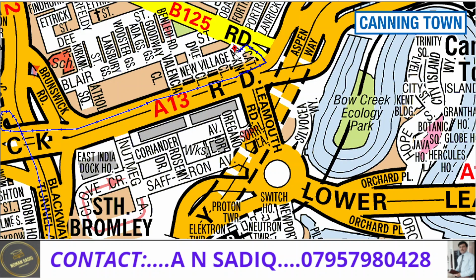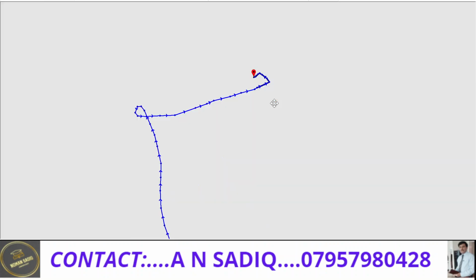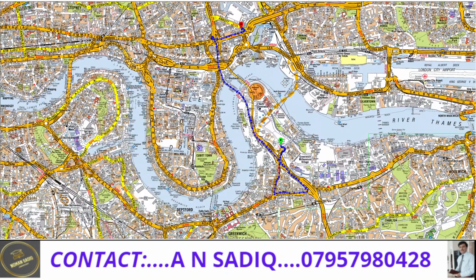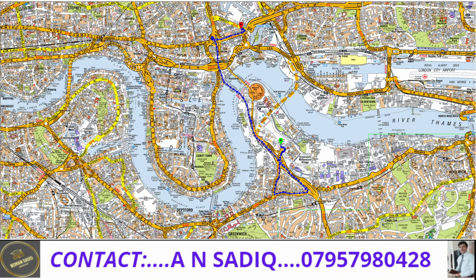So here it is our end point, which is the red marker. Again, I will simply click at the tip of this red point. So now I have completed my journey from start point to the end point, and your route should be the most direct route. Direct route means the distance between the start point and the end point must be the minimum.